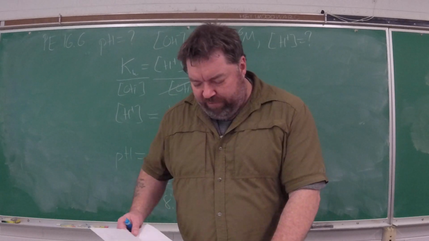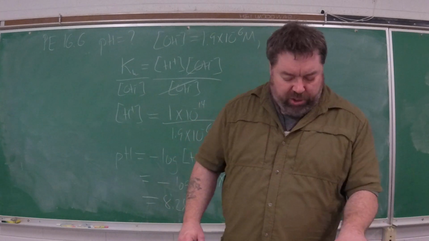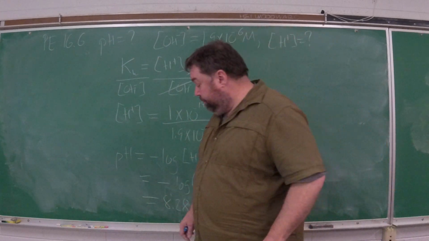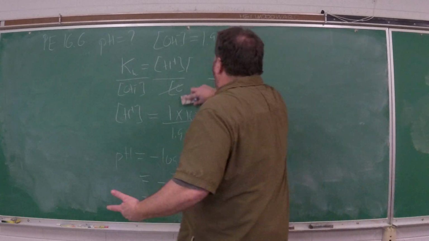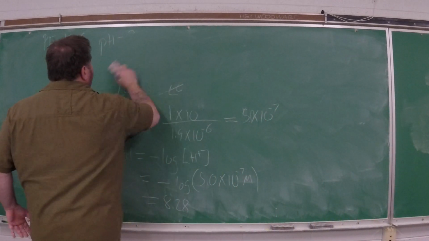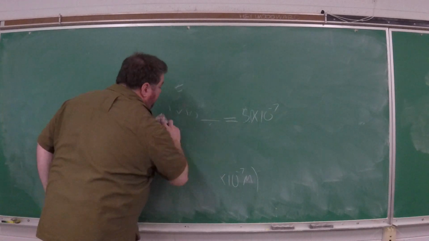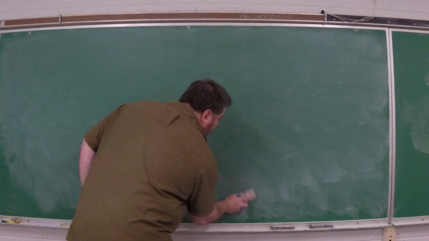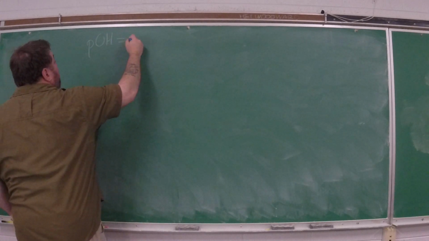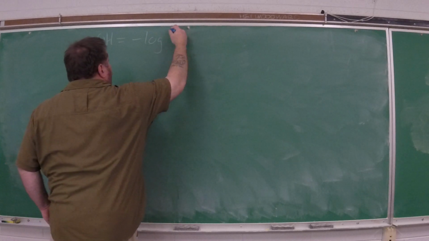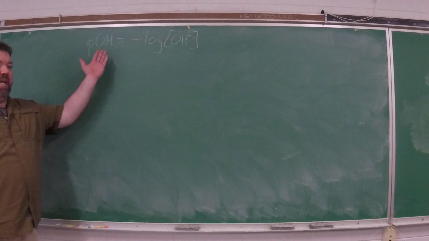And then we're only going to have one more thing from this chapter. There are other scales, P scales. So we could have a pOH scale. Nothing super complicated. It's minus log of the OH minus concentration, that's it.